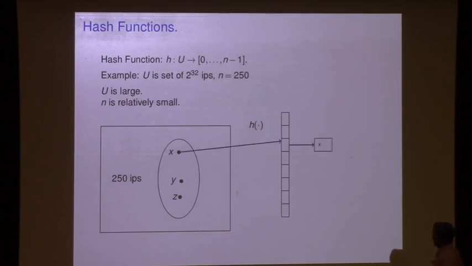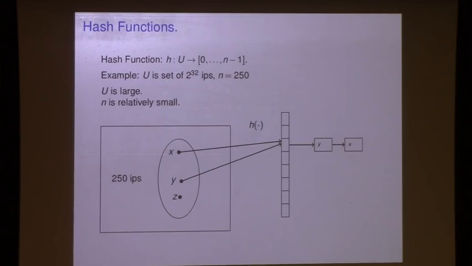Okay, so h of x, you're mapping each IP address to a position in this array. So this hash function is mapping from this universe to the size of this table, essentially. And you can see what happens if you map two things to the same array slot. Some unpleasantness occurs.